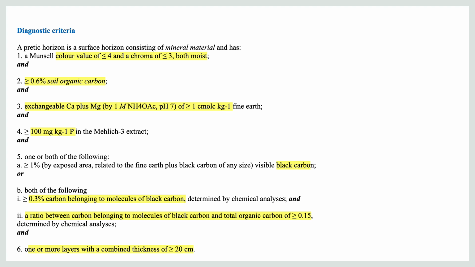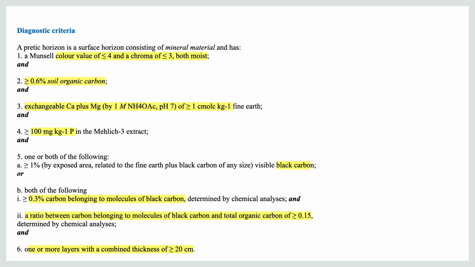0.6%. The exchangeable calcium plus exchangeable magnesium should be equal or higher than 1 centimole charge per kilogram of fine earth. The content of phosphorus should be equal or higher than 100 milligrams of phosphorus per kilogram of soil, extracted by Mehlich-3.